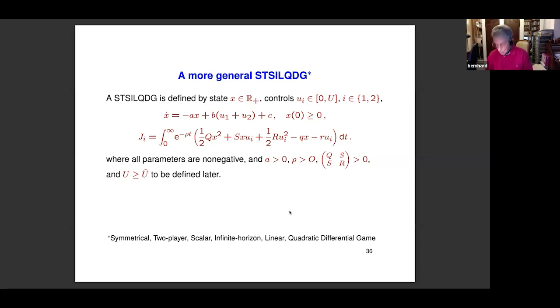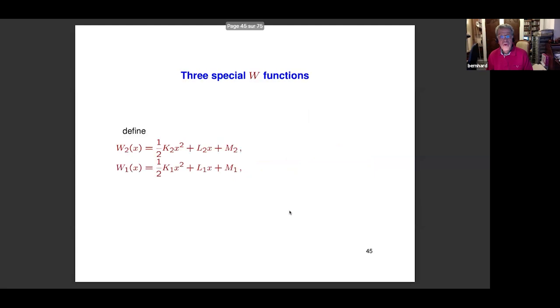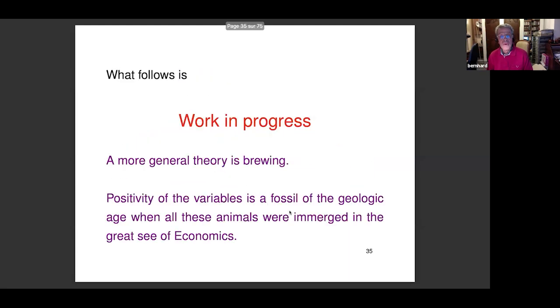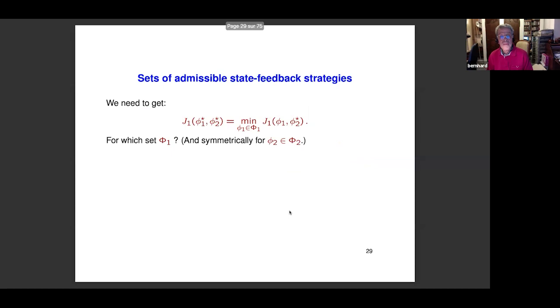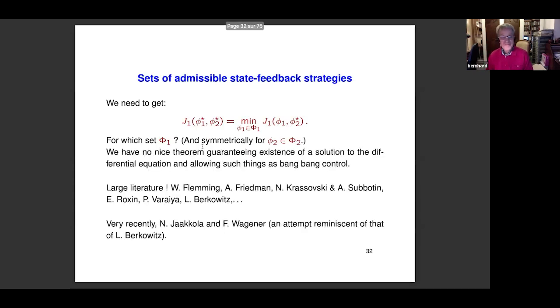By the way, if you go back to Rowat's problem, this is explicitly minus a convex function. So maximizing minus something, it might be simpler to say that you minimize the integral. But okay, who cares?